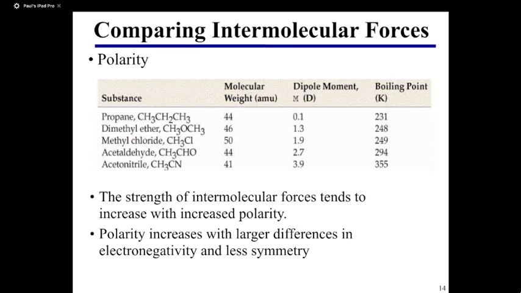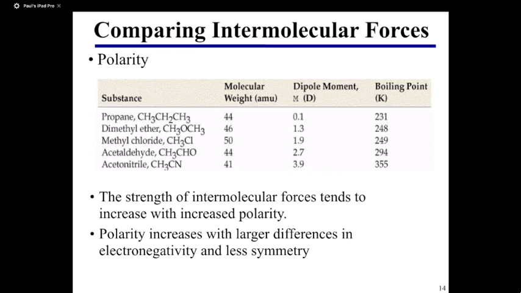The larger the dipole moment, the larger the polarity, or the larger kind of dipole it has, the more attraction between two molecules is seen. And we can see that because of the boiling point. The amount of energy needed to pull them apart is greater the larger that difference in electronegativity.